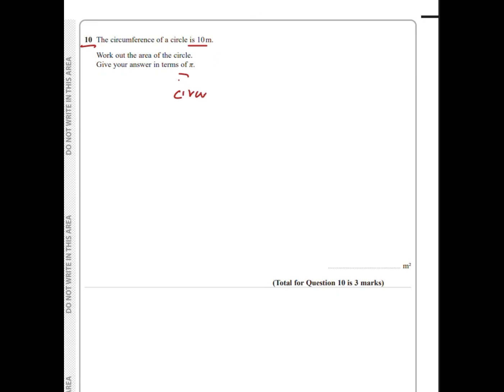So circum equals 2 pi r, which means that circumference is 10 meters and it's 2 pi r. We can use this to figure out the radius because the area of a circle is given by pi r squared, right? So we need to know r. We don't have r here. We can use this formula to figure out r.